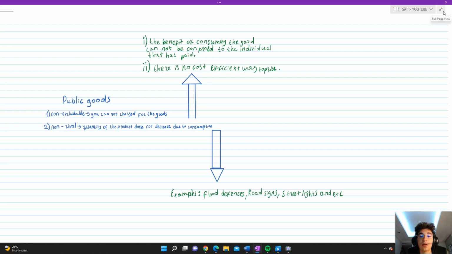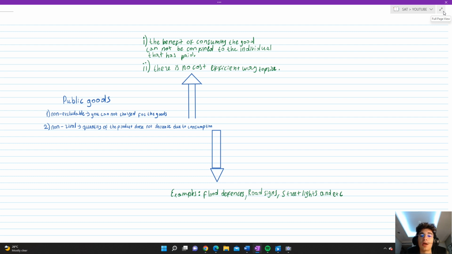And if we apply these to some of the examples, you will see how it holds. So take street lights as an example. No price can be charged because as soon as someone pays, the benefit cannot be confined just to the person who paid. Everybody else around can also enjoy the streetlight and consume it. Also, you can argue maybe there is no cost-efficient way to price.